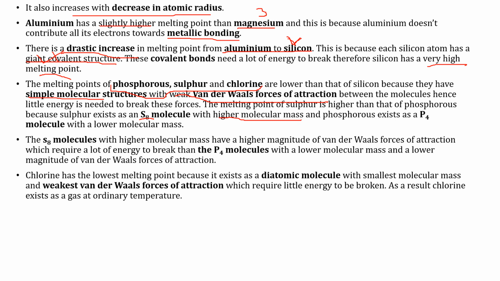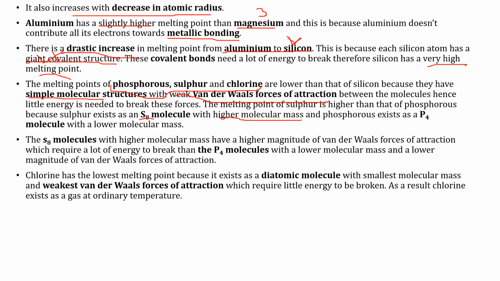And since the strength of the van der Waals forces depends on molecular mass, it is going to have the strongest van der Waals forces of attraction in it. And once they are stronger, the energy required to break them is going to be high, making sulfur have the highest melting point.